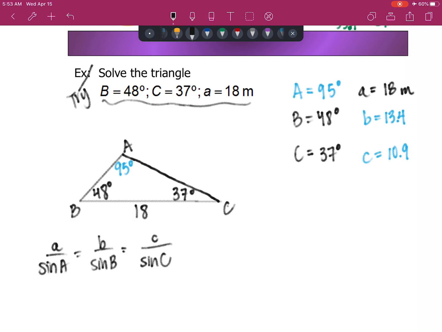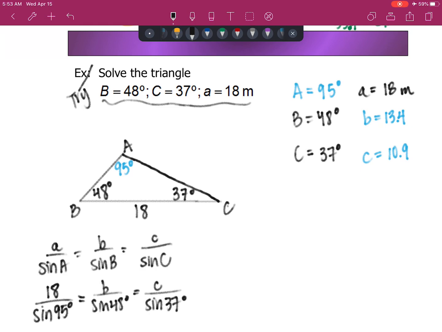Or once you draw the picture, you can also use the picture as a guide. So I'm going to have 18 over the sine of what was once unknown, but the triangle sum theorem tells us that that's 95 degrees. So 18 over the sine of 95 degrees is equal to b over the sine of 48 degrees equals c over the sine of 37 degrees.